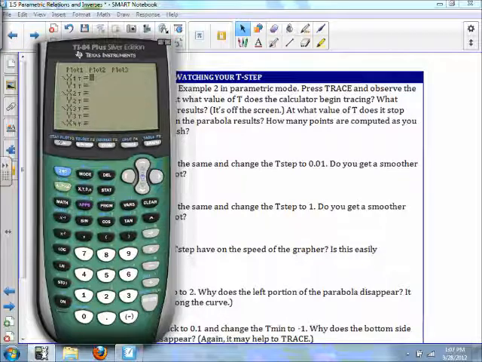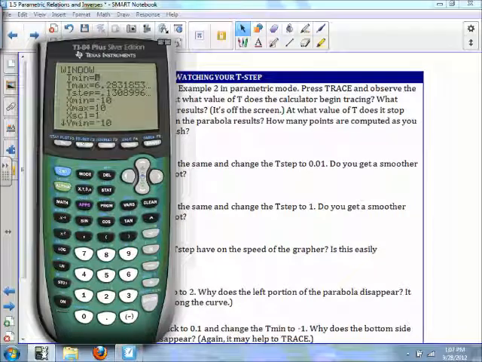Now, when you do that, and you press y equals, you'll see they have an x1t and a y1t. That'll be your first equation. Your window should say negative 4 to 2 with a 0.1 t-step. For your x min, x max, we'll go negative 5 to 5.